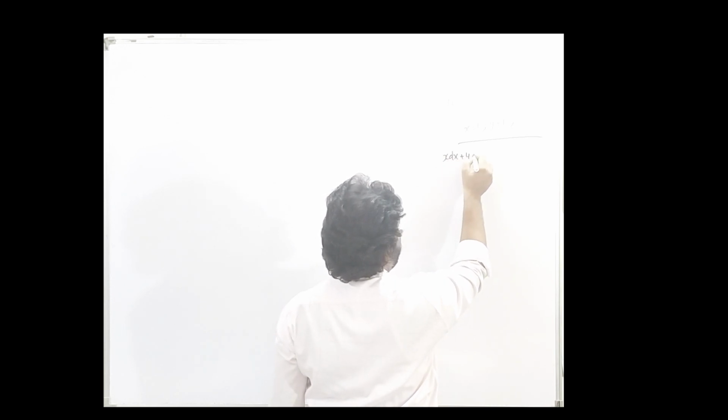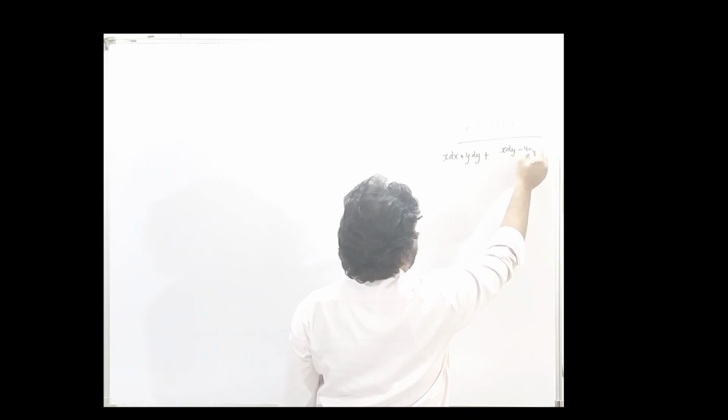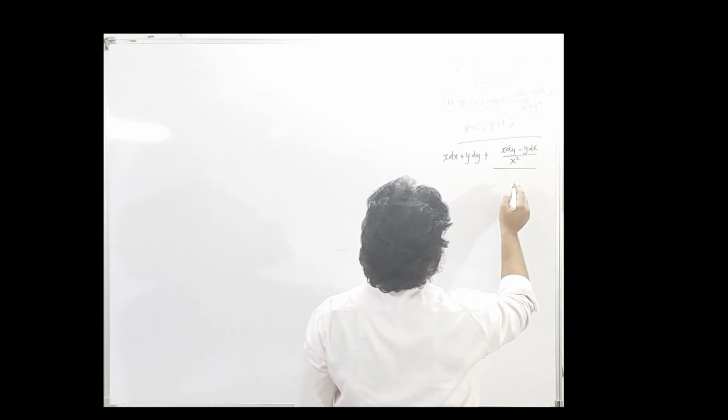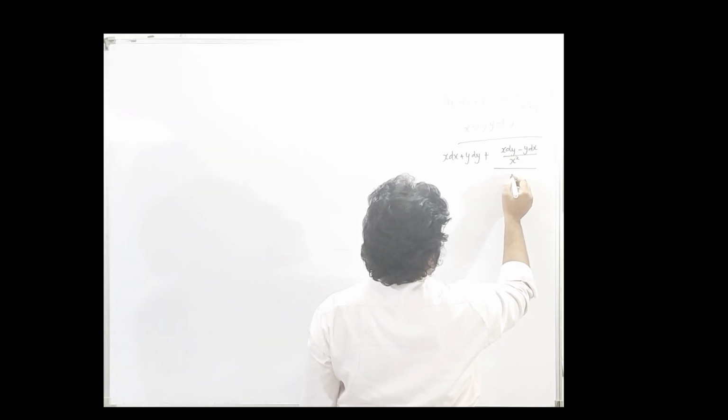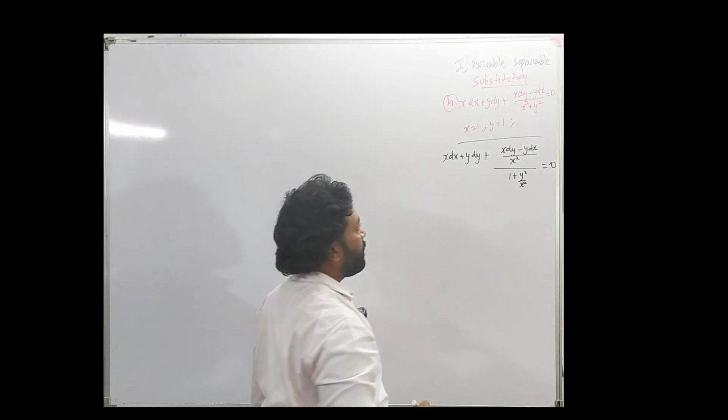So we'll have x dy minus y dx whole divided by x square, and we have divided numerator and denominator by x square, right? So this is the term now.